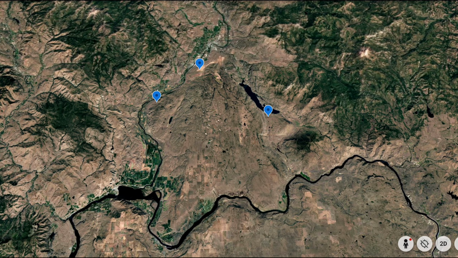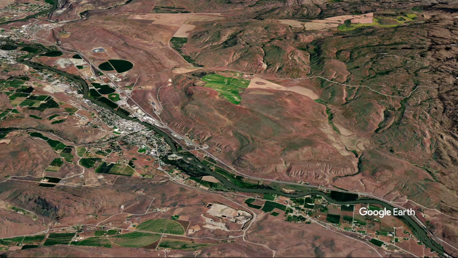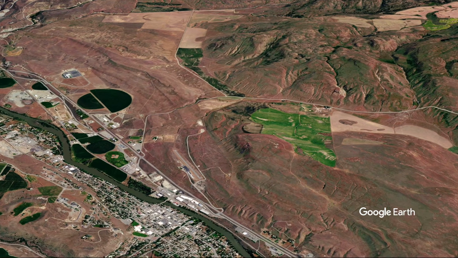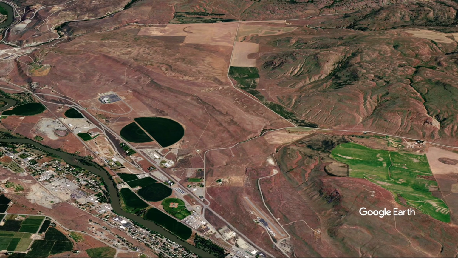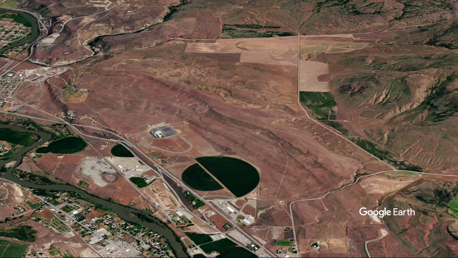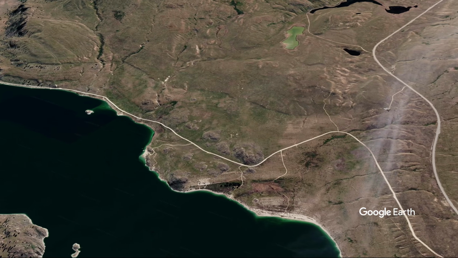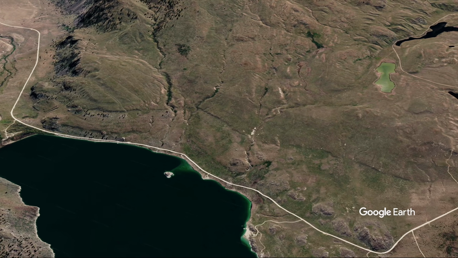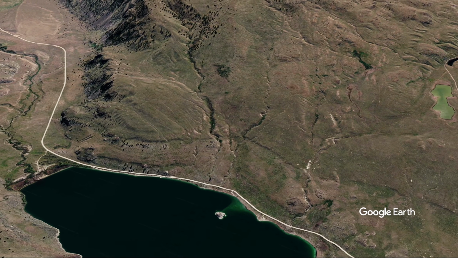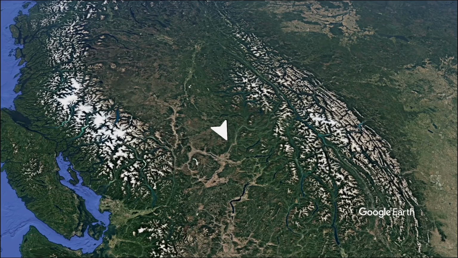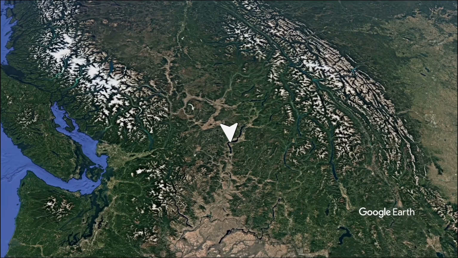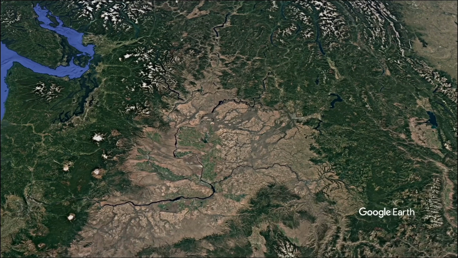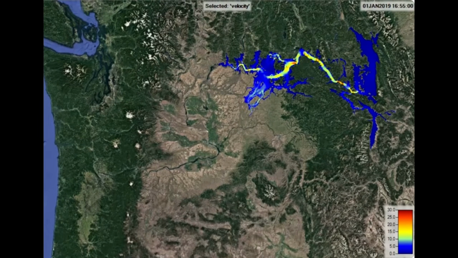On both sides of the Omak Plateau are large riverbanks, showing the water levels of huge rivers that flow around the plateau. So why is it so problematic to think that the Okanogan Valley was another source of floodwaters to the Washington Basin, alongside Lake Missoula?